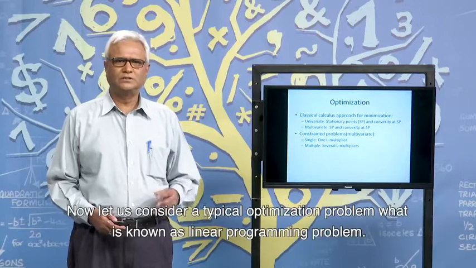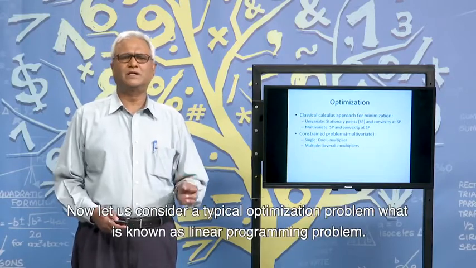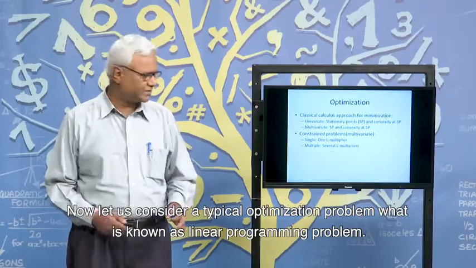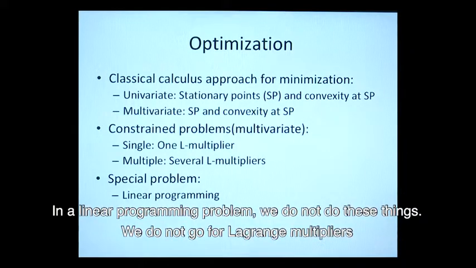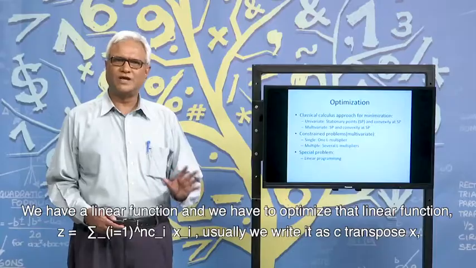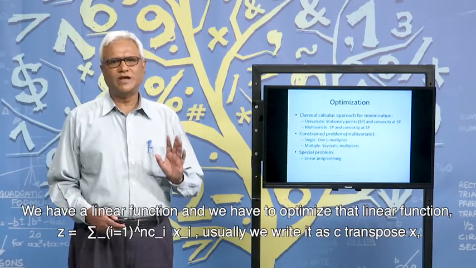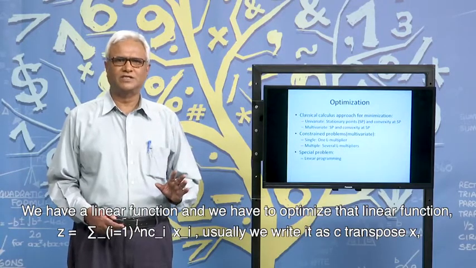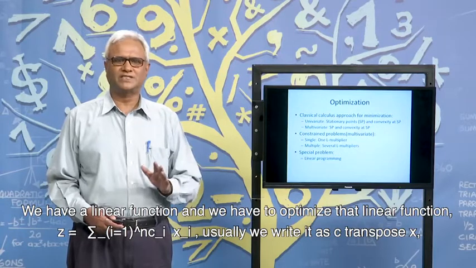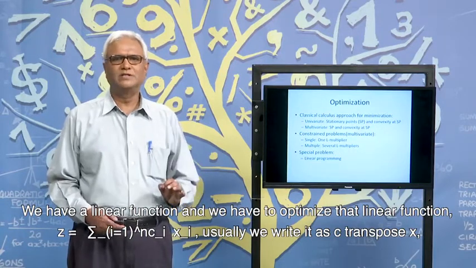Now, let us consider a typical optimization problem, what is known as the linear programming problem. In a linear programming problem, we do not go for the Lagrange multiplier. We have a linear function and we have to optimize that linear function, say z equal to summation c i x i, i ranging from 1 to n.